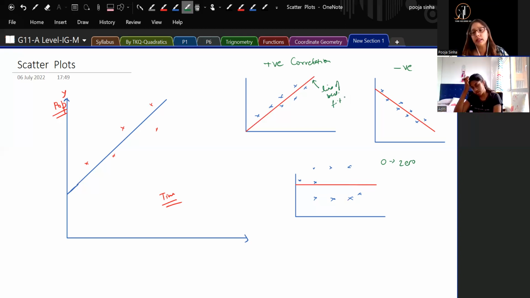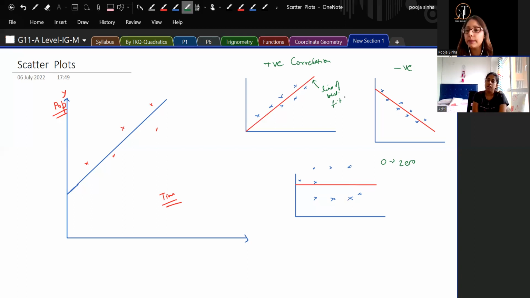And in the second one, what do we see? Most of the points are like that. You made your line of best fit and you see it's a negative gradient. It is coming down. So what you understand by this is, for example, you love ice cream. As the temperature goes up, sale of ice cream goes up.